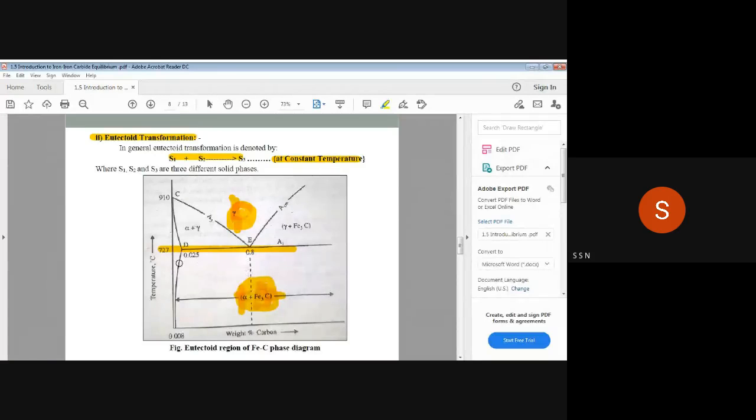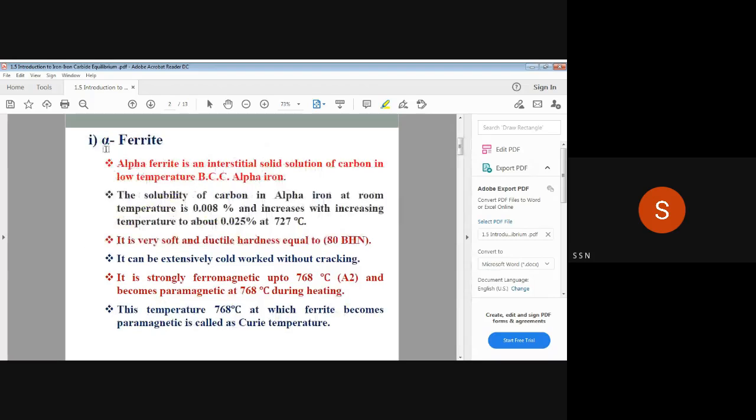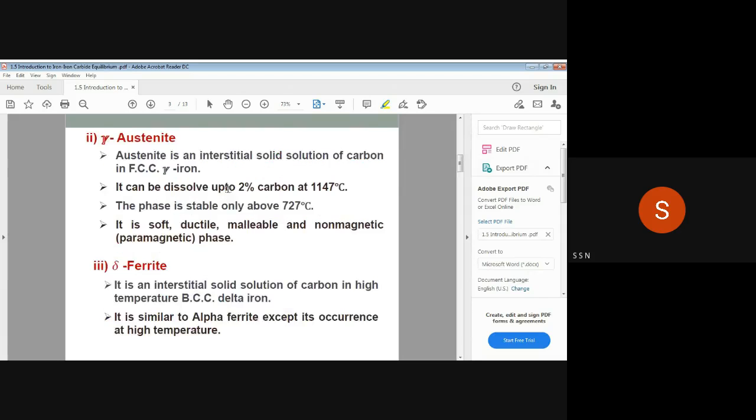Now how alpha ferrite, gamma austenite and Fe3C cementite differ, we have seen in the last lecture. Already I have told you, alpha ferrite has BCC structure, gamma austenite has FCC structure, delta ferrite has BCC structure.